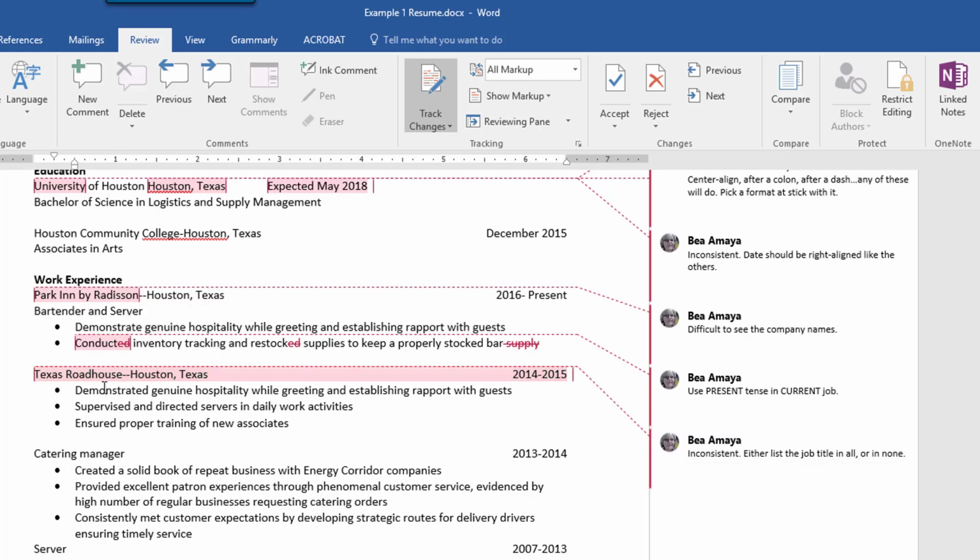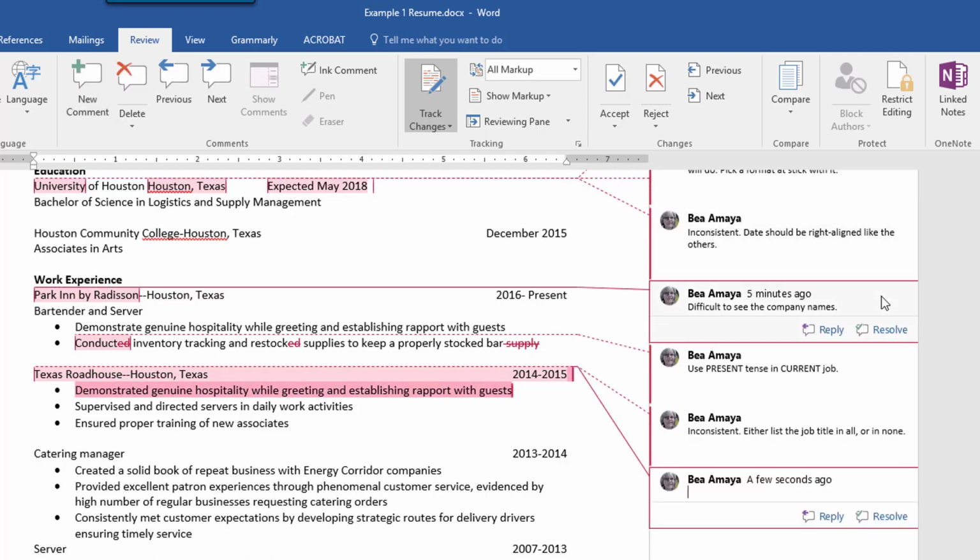Okay, so he says demonstrated, that's good, that's past tense, demonstrated genuine hospitality while greeting and establishing rapport with guests. Oh my, that sounds like I've read that just exactly the same before. Do not copy items from place to place. Word it differently. This is a distinct no-no. Do not copy. Change this significantly.